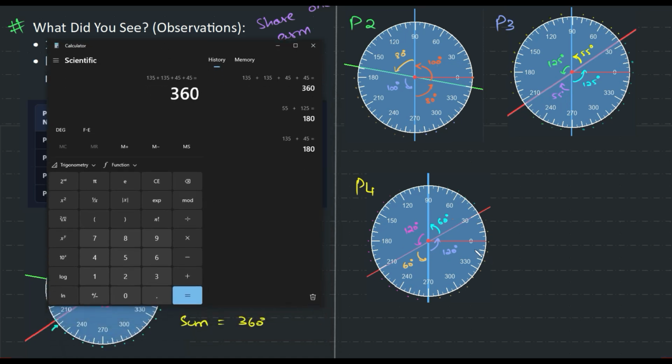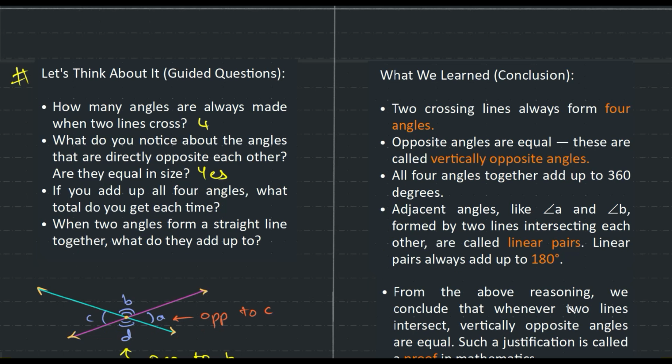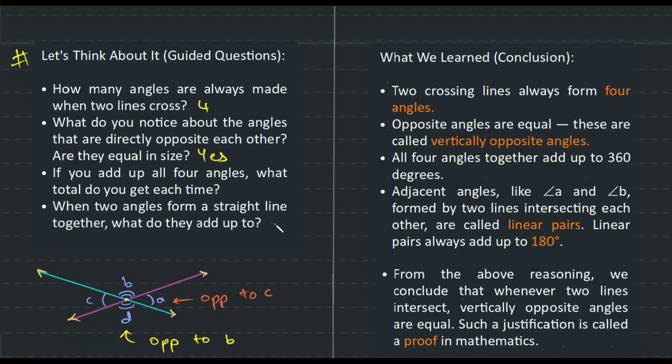So we have 60, 120, then 120 again, and then 60. So this adds up to 360 degree. So you guys can try the other 2, right? 180 by default is 360 degree. So all the angles are adding up to 360 degree.